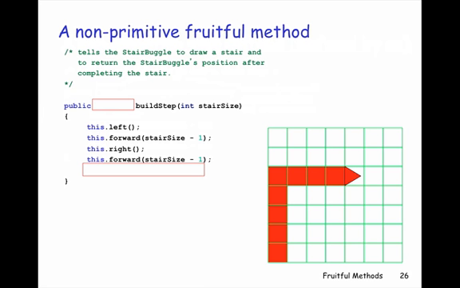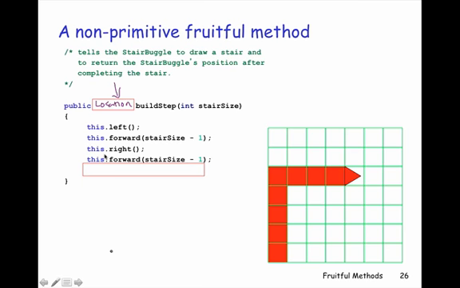One is we have to specify what the return type of the method is. So over here, rather than specifying the keyword void, we need to specify a type, which is the type of the value that will be returned. In this case, the type that we want to return is a location. And so we would put location here.